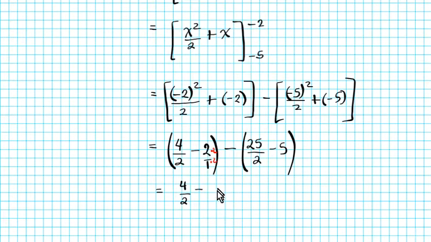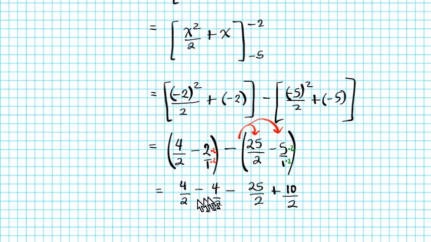So you have 4 over 2 minus, over here, 25 over 2, 5 over 1, times 2 top and bottom. And then this sign is distributed to 25 over 2 and 5 over 1, which can be written as 10 over 2.